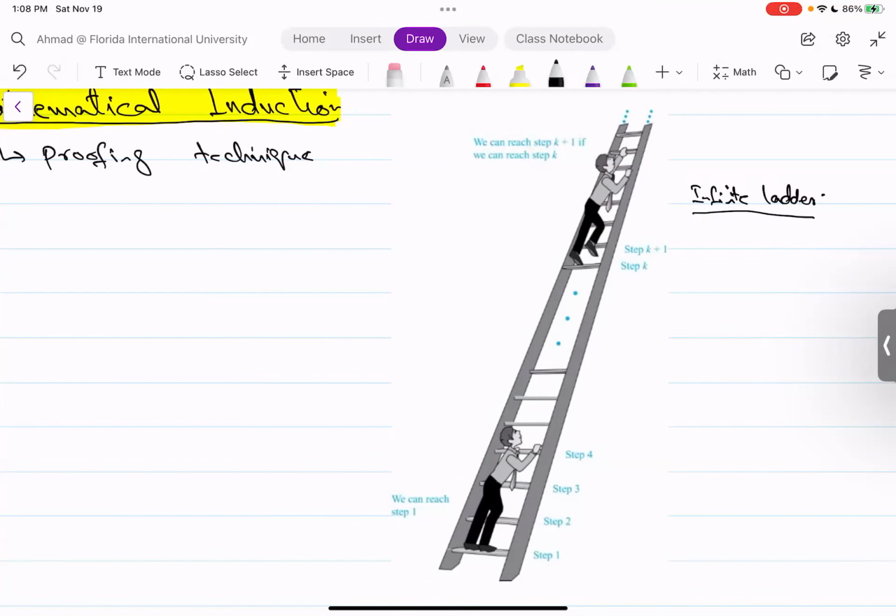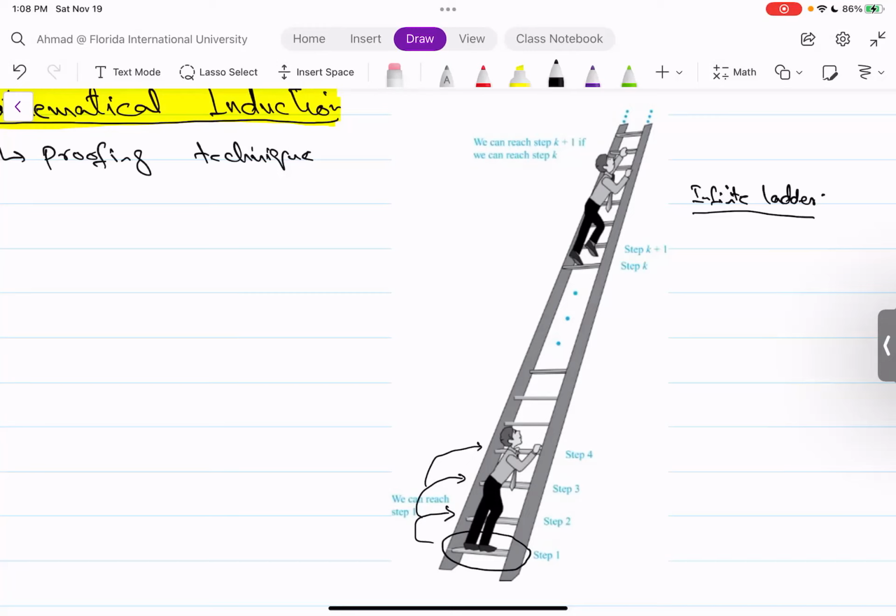I can say that I can reach rung number one, which is my step number one. And then if I can reach step number one, from there I can reach the next rung, which is step number two. From rung number two, I can go to rung number three. From rung number three, I can go to rung number four, right?